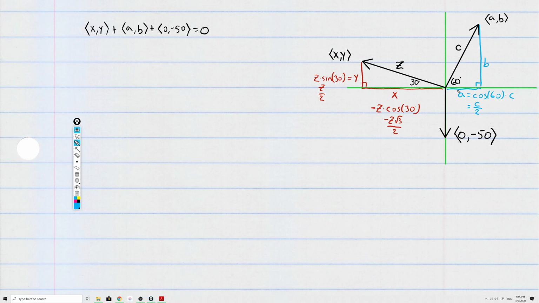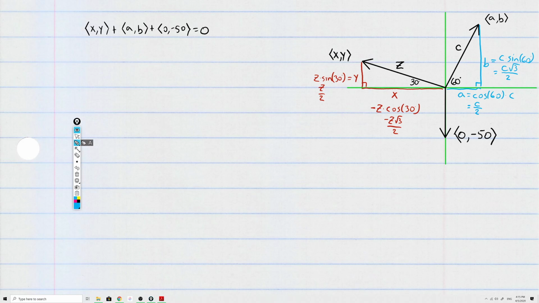No need for a negative because a is going to the right. a should be a positive number, and it is. In the same way, this opposite side is the magnitude of the vector times the sine of the angle, so times the sine of 60. The sine of 60 is square root 3 over 2. So that means b is c square root 3 over 2.